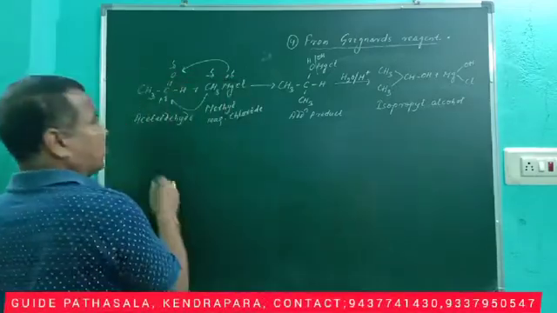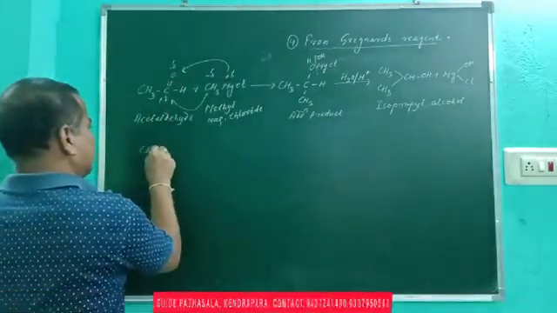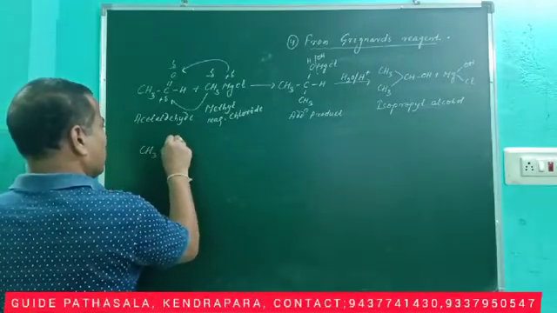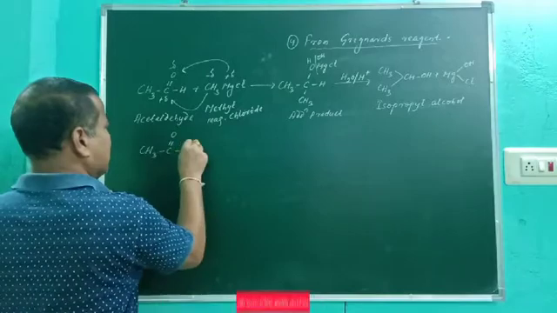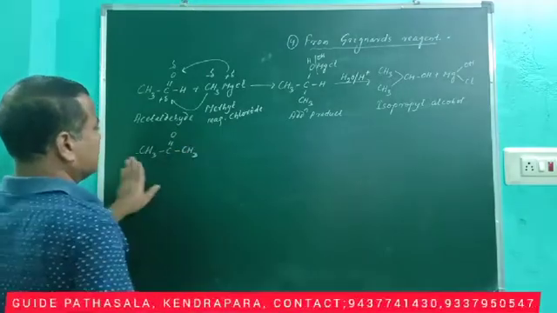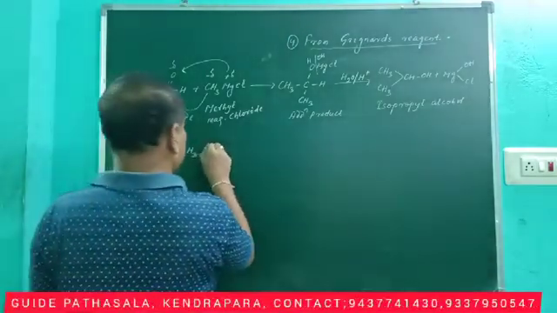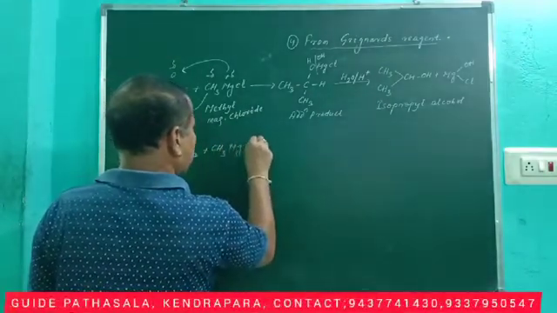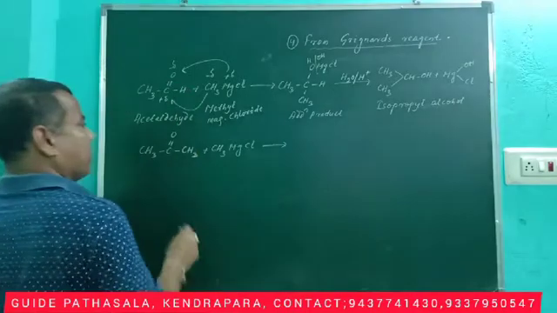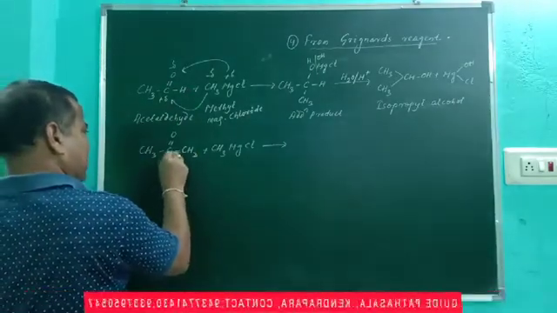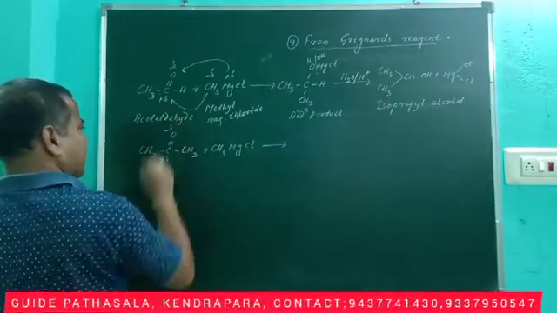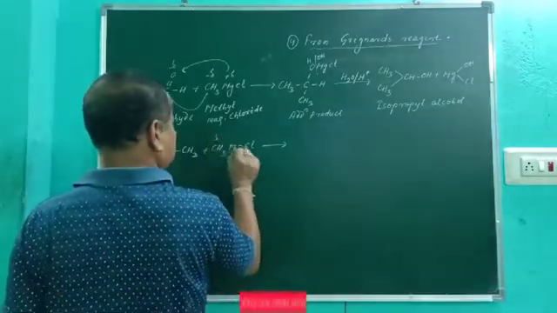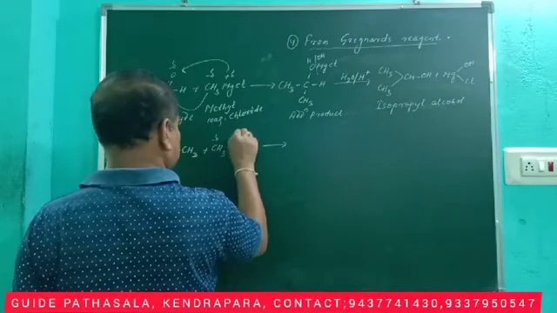If you take acetone, CH3COCH3, plus methyl magnesium chloride. The carbon atom carries a fractional positive charge, the oxygen atom carries a fractional negative charge, the methyl group carries a fractional negative charge, and MgCl carries a fractional positive charge.